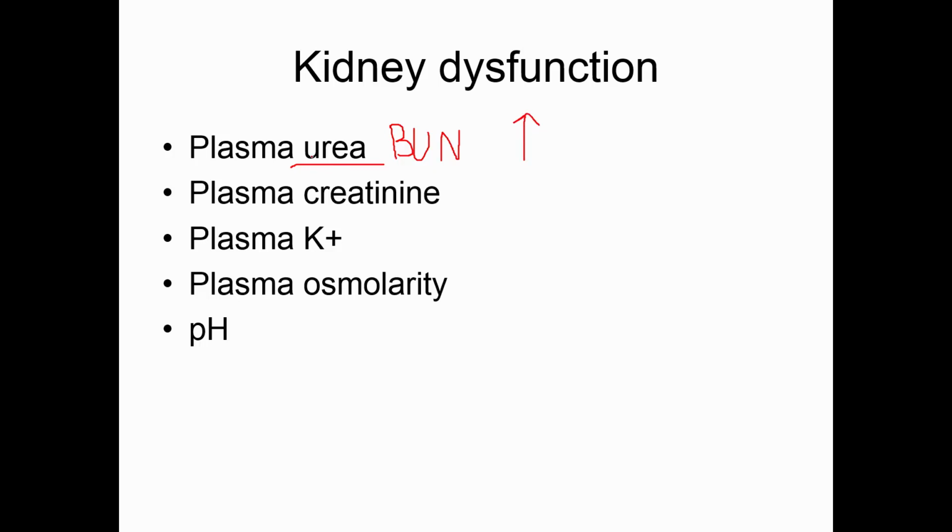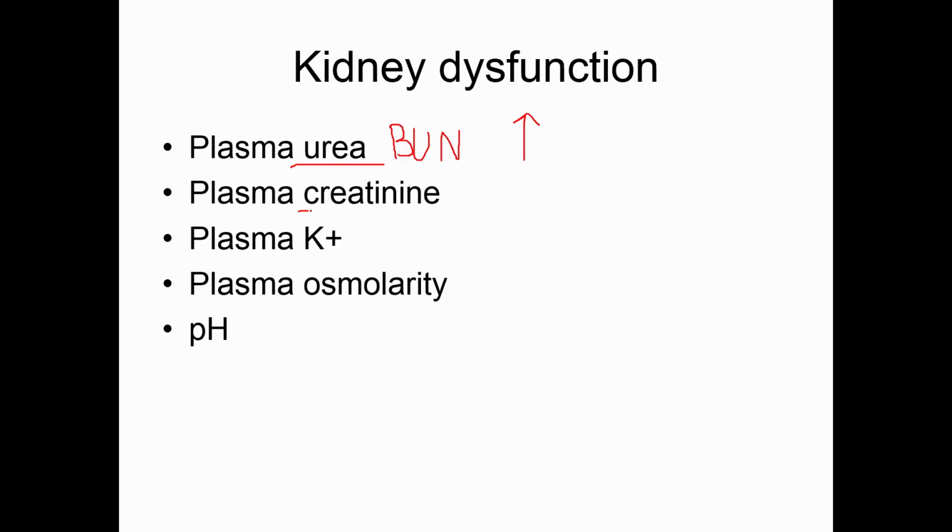Now, there are other reasons why plasma urea could increase. Maybe a person's got a bleeding ulcer and they're breaking down the blood and the protein is going back into the blood, and that's increasing urea. So just because someone has an elevated urea doesn't mean they have kidney dysfunction. Maybe they have a bleeding ulcer. Maybe they're taking steroids for inflammation, and those steroids are breaking down peripheral proteins. So you'd have to rule some other things out, but it can be an indicator of how the kidneys are working.